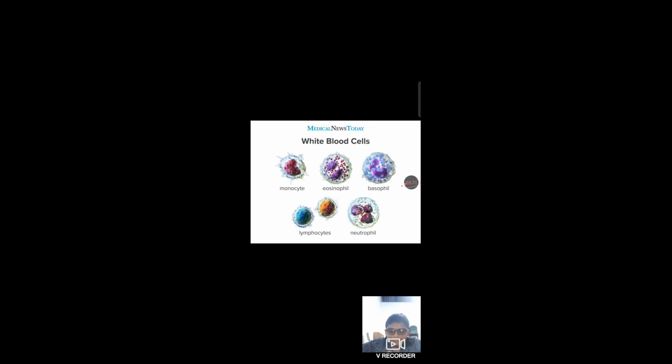Only a small amount of them are there, but their main function is preventing the body from bacteria or viruses which cause diseases, protecting the body from diseases.